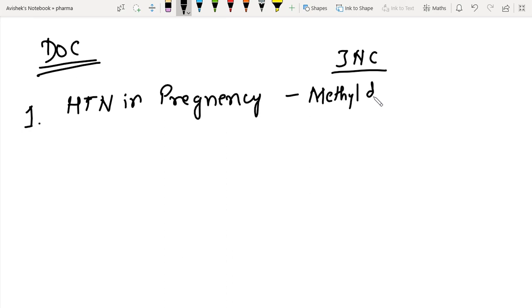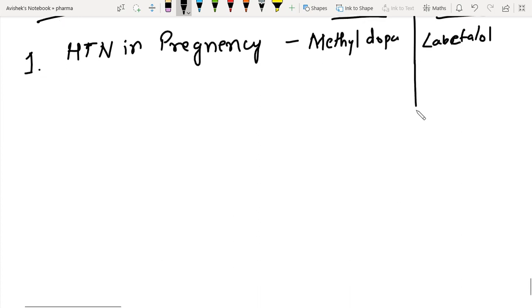Number 2, hypertensive emergency in pregnancy. The Joint National Committee says we should use hydralazine. Some books say you can use labetalol.